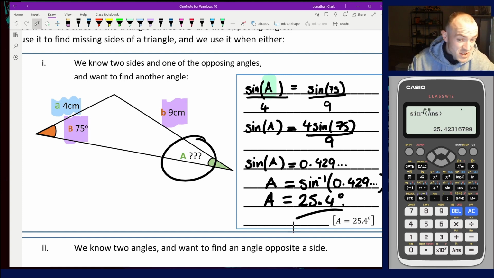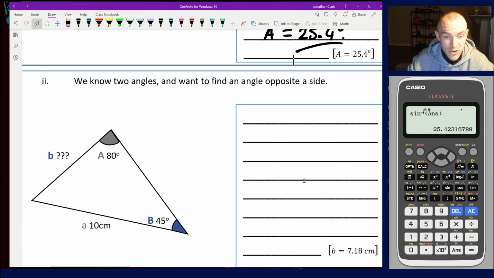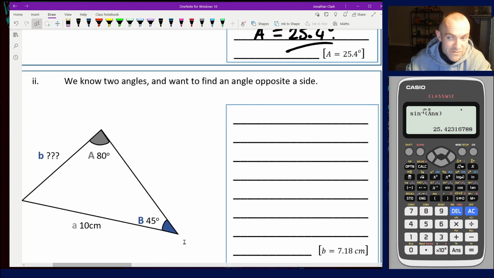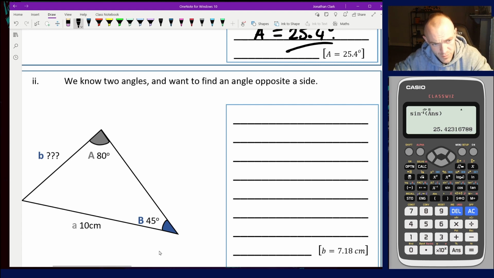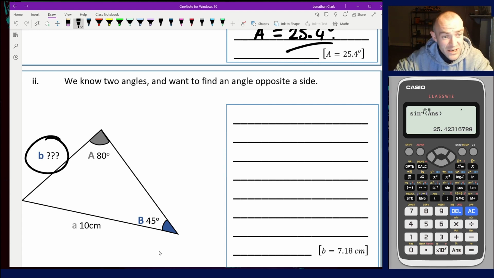I can also use the sine rule in situations where I know two angles and I'm trying to find a missing side. So once again, feel free to try this out ahead of me and see how it goes yourself. I'm once again going to write down the sine rule, but because there's a missing side, I'm going to write the formula with the sides on the top of the fraction.